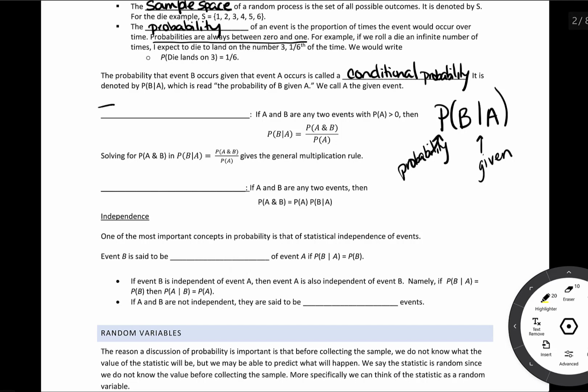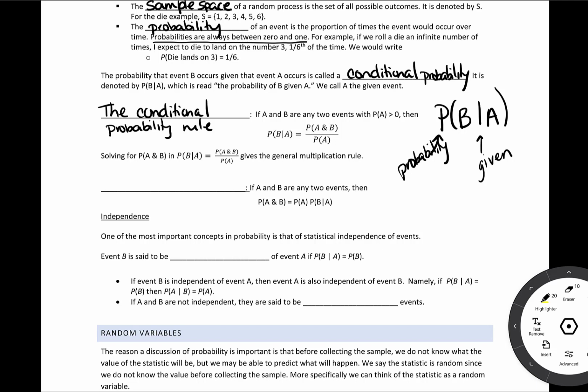So we have what's called the conditional probability rule, and it says the following. If A and B are any two events with the probability of A being greater than 0, then the following holds true: if you find the probability that A and B occur together and divide that by the probability that A occurs by itself, that gives you the probability that B occurs, given A has already occurred.